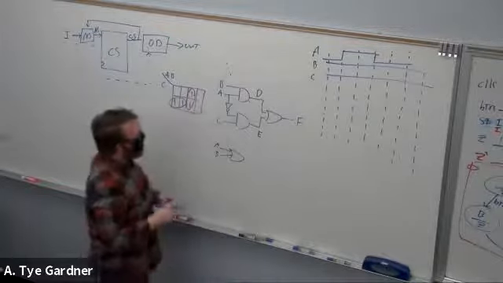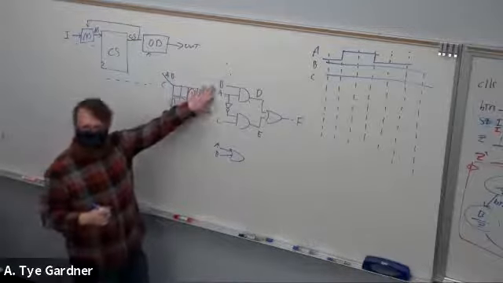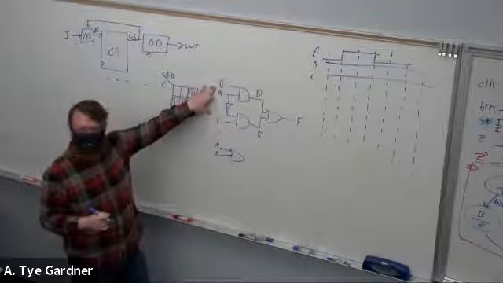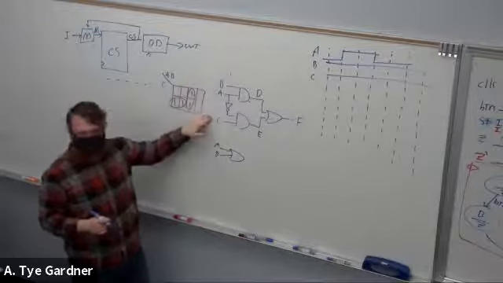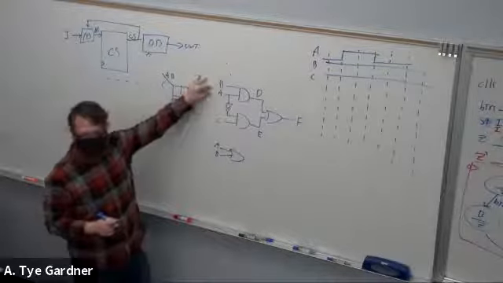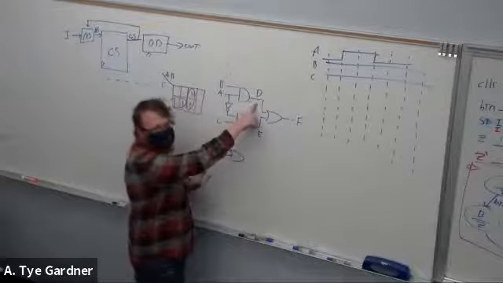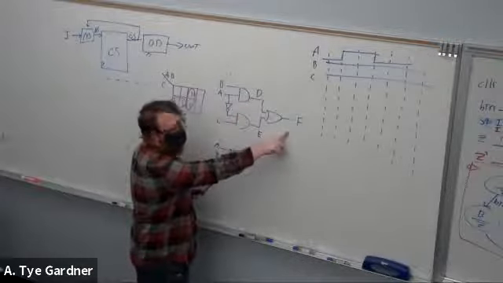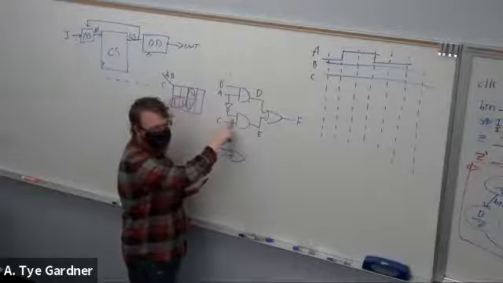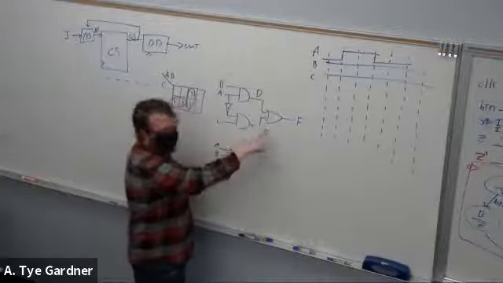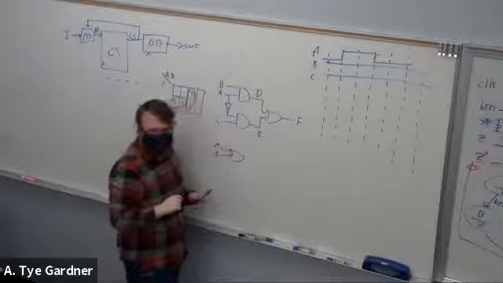Now, we can see that in the circuit really easily, what it's supposed to do, right? So if B is 1 and C is 1, and A is 0, then D is 1, making F 1. If A is 0, A bar is 1, E is 1, F is 1, right?